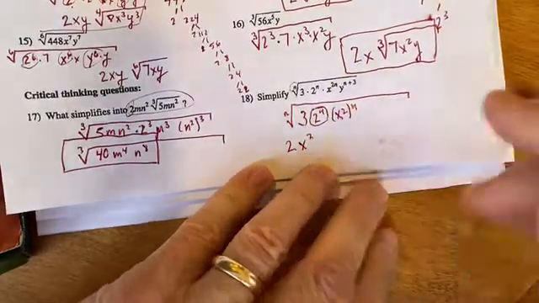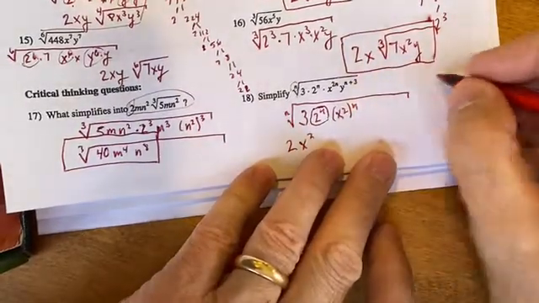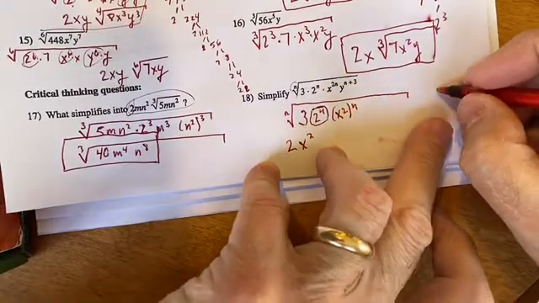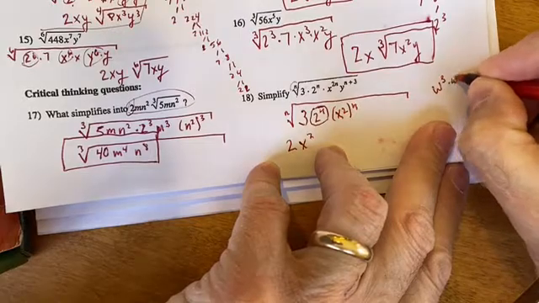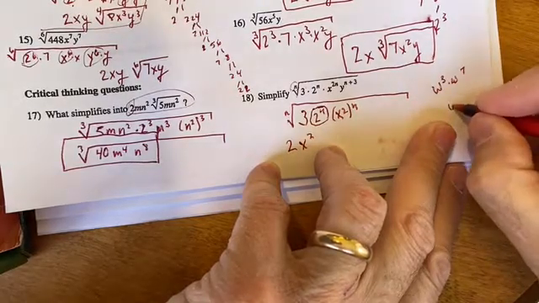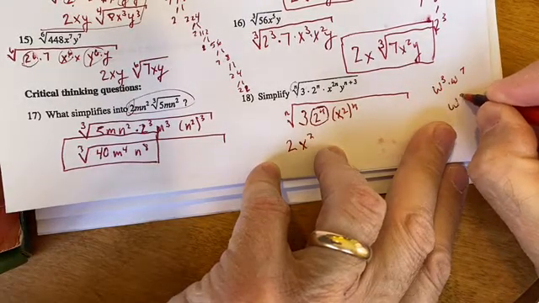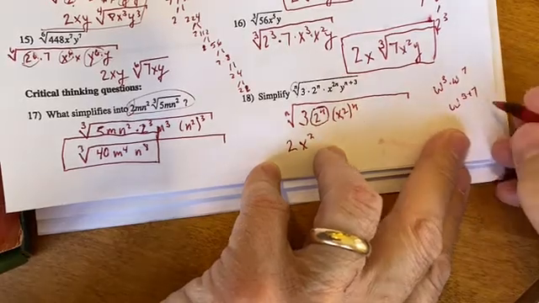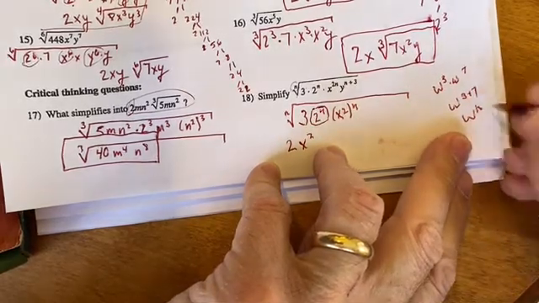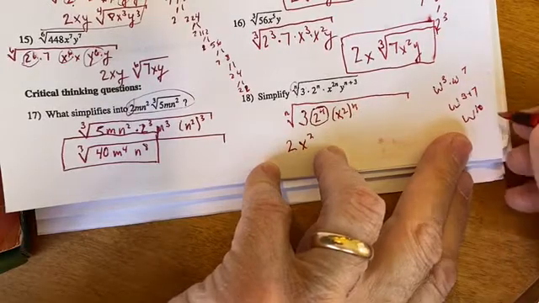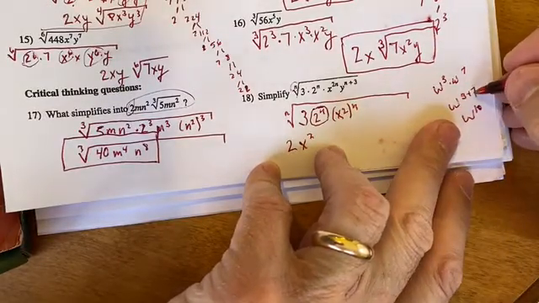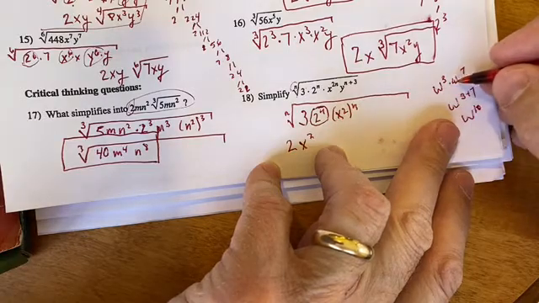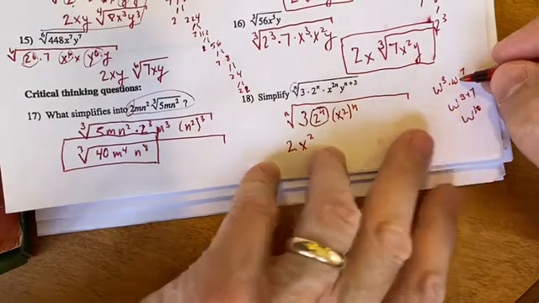Okay, now this last one's funky. But look, remember this, like if you have w to the 3rd power times w to the 7th power, that's w to the 3 plus 7, which is w to the 10th, right? So when you have a base to a sum, you can write it as each one of these multiplied separately.